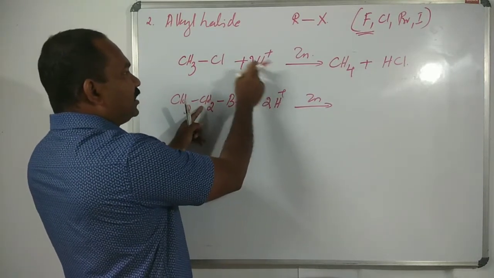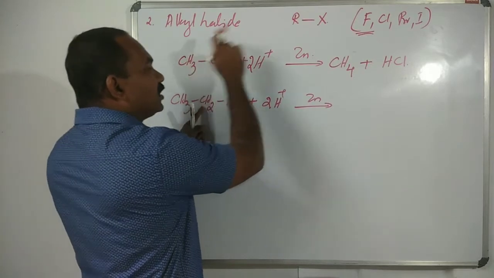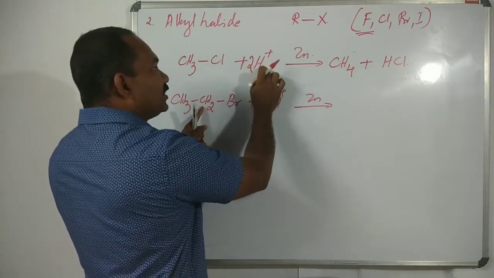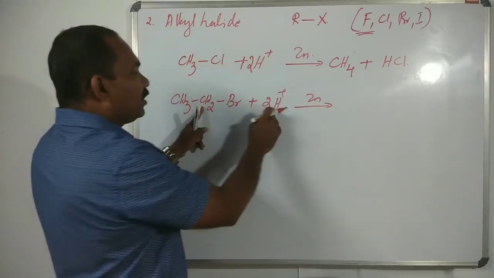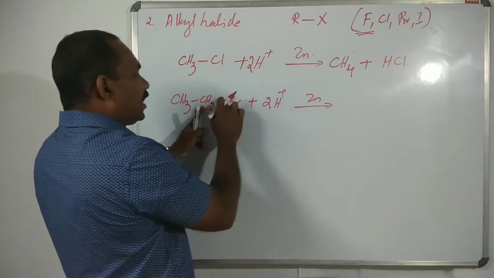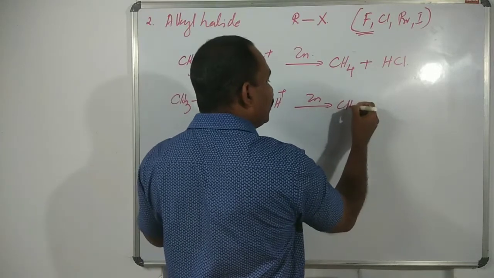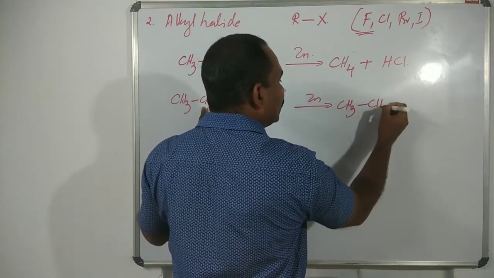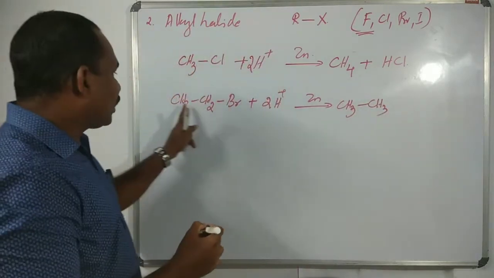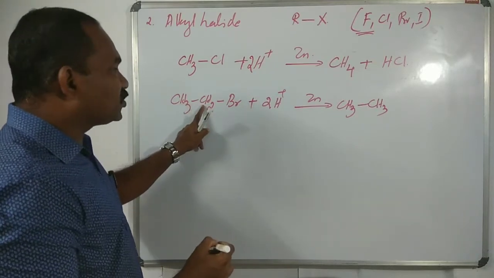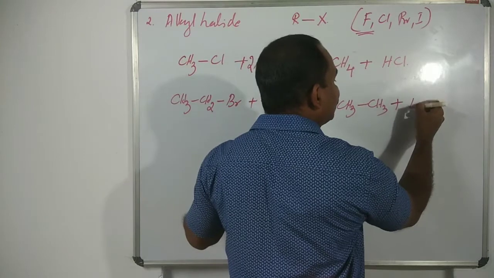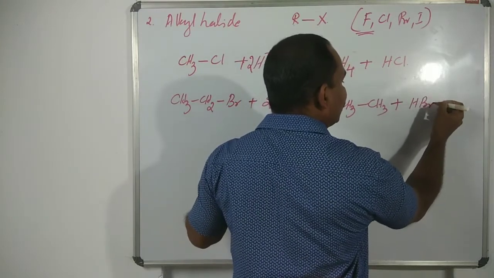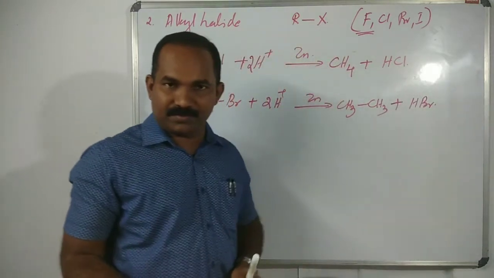Here also one hydrogen is added to the CH2 group, it will become CH3, and the second hydrogen goes with the bromine atom, forming HBr.